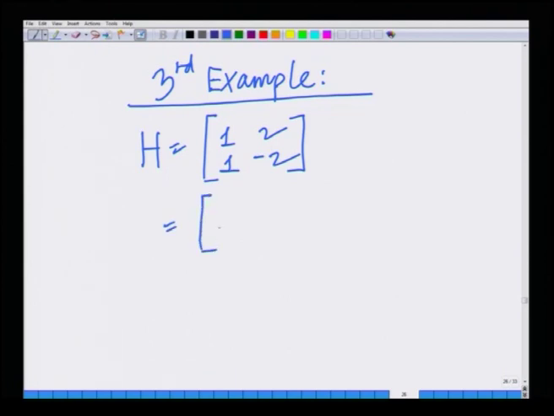However, I can simplify this as the matrix 1 comma 1, 1 comma minus 1 times the matrix 1 0, 0 2.